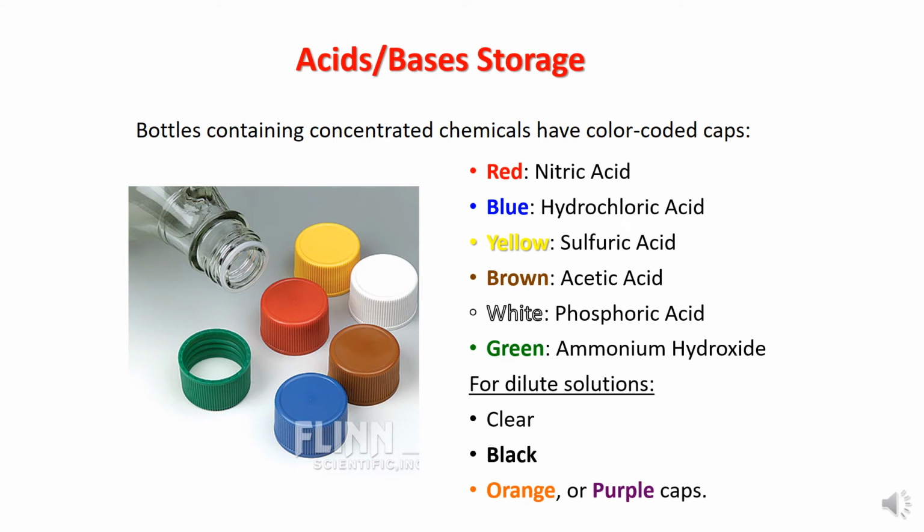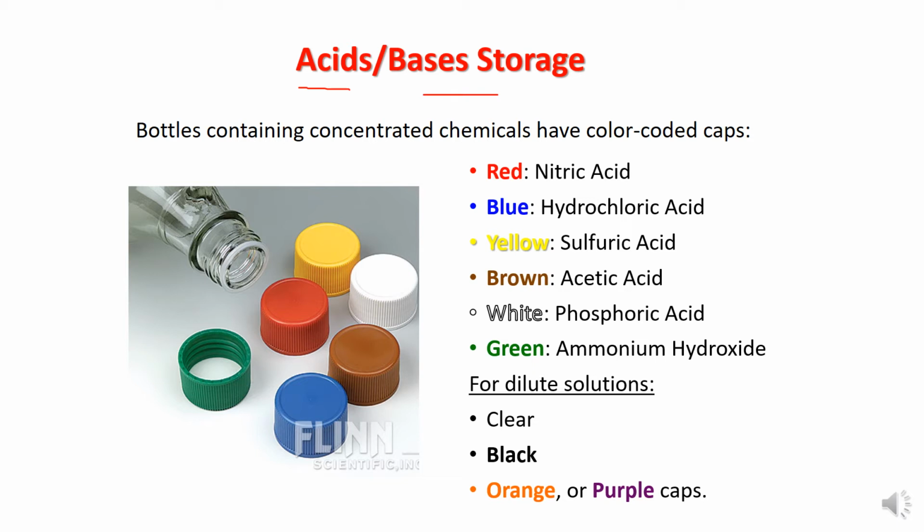As we discussed in the previous lecture, certain color codes are used in the lab, and similarly here you can see that in the labs we commonly use different acid and base storage chemicals. They use different cap colors, which you can observe very commonly in the labs.